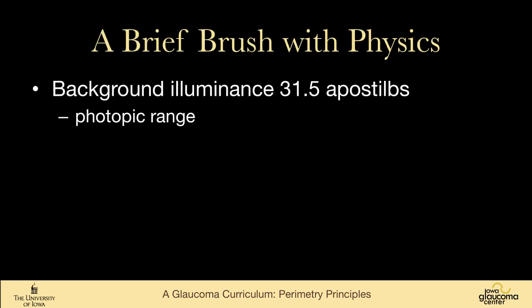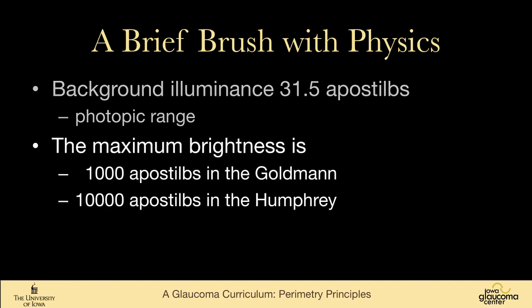A little bit about the physics. So the background luminance of the bowl is 31.5 apostilbs, which means that the test is done in the photopic range as opposed to the scotopic or mesopic range. The maximum brightness on the Goldmann is 1,000 apostilbs. On the Humphrey, it's brighter at 10,000.